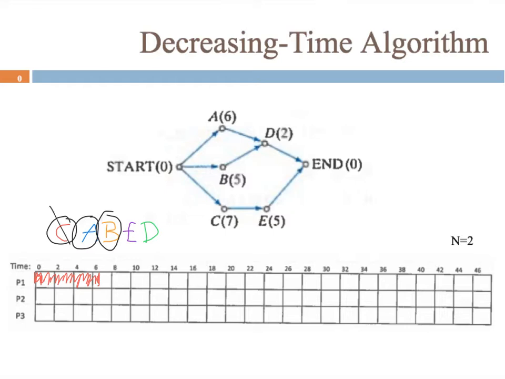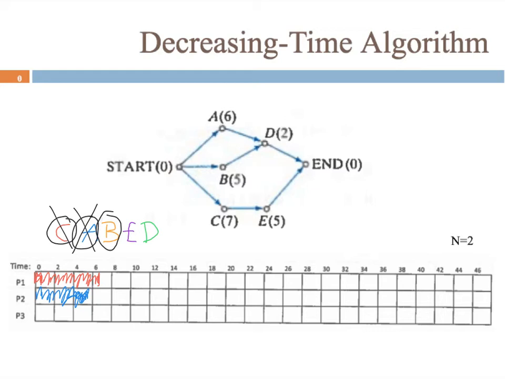Okay, so C is being executed right now, so we'll give task A to worker 2, and task A is going to take 6 hours. Alright, and task A is now in execution. And at hour 6, task A is completed, and task C is still being worked on.